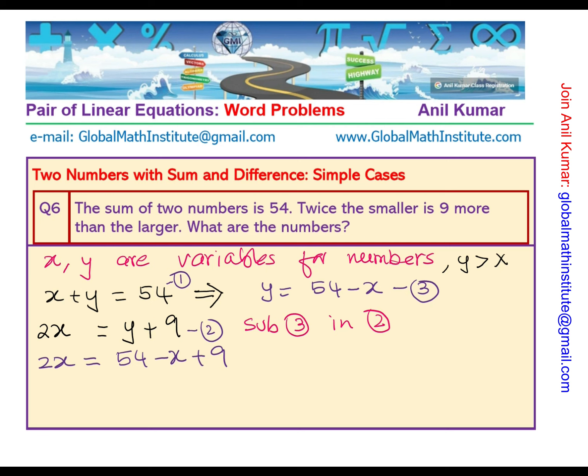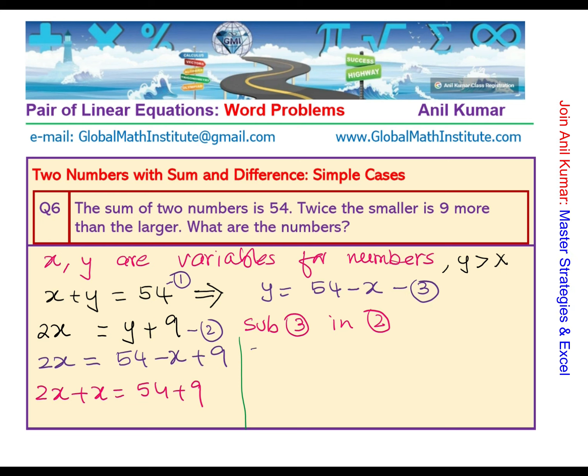Now bring x to the left-hand side. So you get 2x plus x equals 54 plus 9. And now we can solve for x. Clear? So 2x plus x is 3x, and 54 plus 9 is 63.